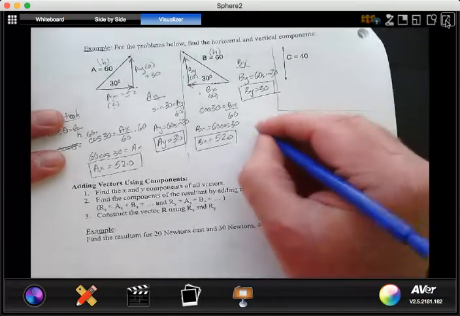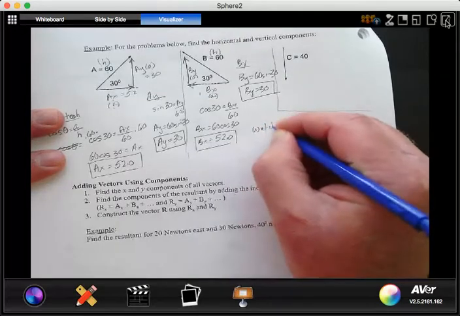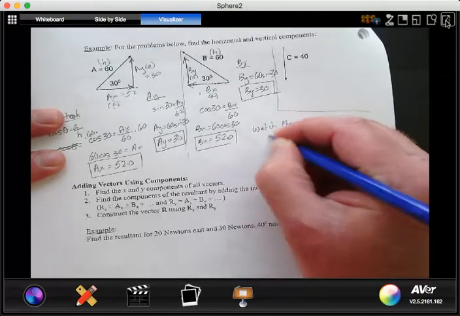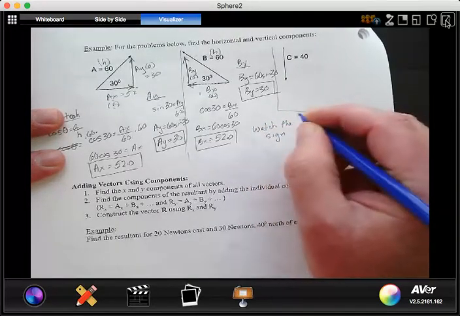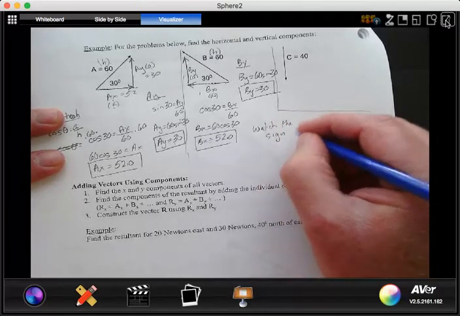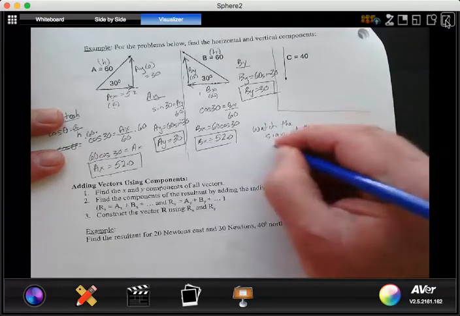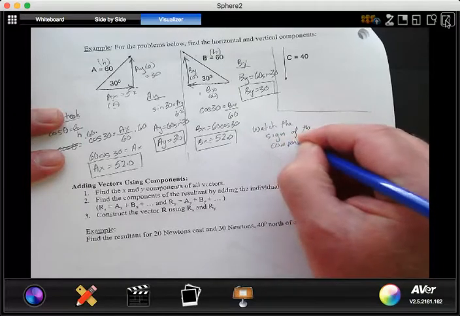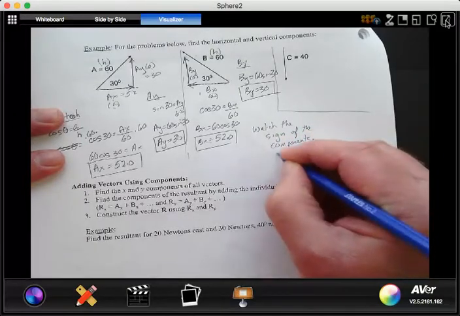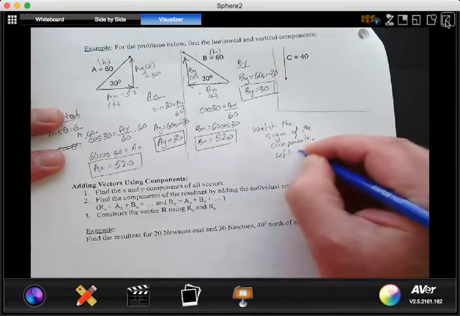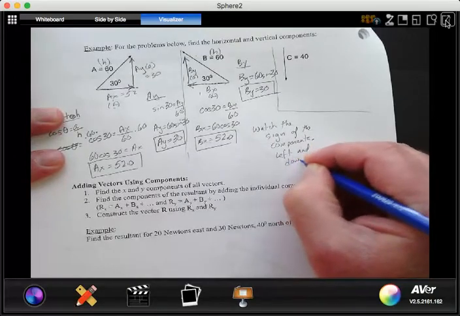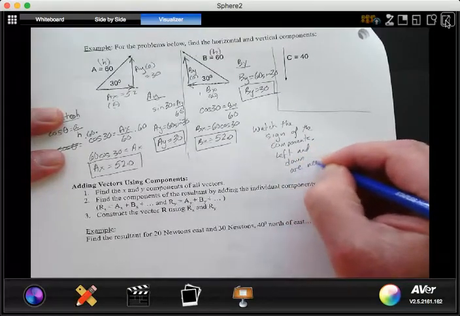And it turns out you have to watch the sign, okay, positive or negative sign, not sine cosine, of the components. Okay, left and down are negative.